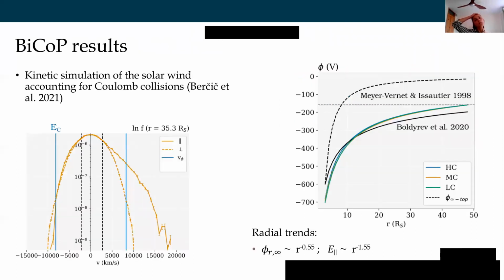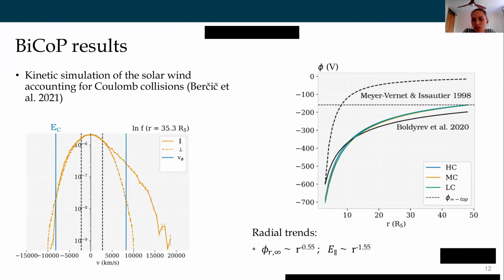So this is the result of our simulation. And if we look first to the right, we see the electric potential that we have in our simulation box. Our simulation box goes from 3 solar radii to 50 solar radii. And here I show the results of 3 simulations, but it's not important right now. So these colored lines present our solution for the electric potential. And we compare it to 2 different analytical solutions.